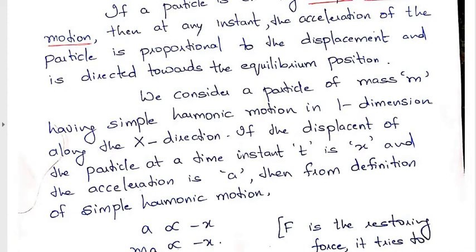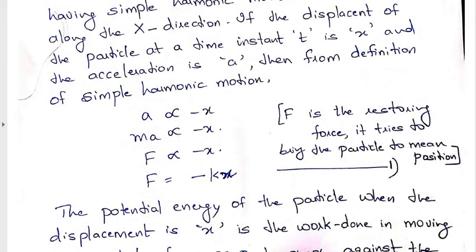The negative sign here implies that the acceleration and the displacement are oppositely directed. So we will also multiply the left hand side by m. So you have ma proportional to minus x, or F proportional to minus x. Both of them can be considered to be definitions of simple harmonic motion.